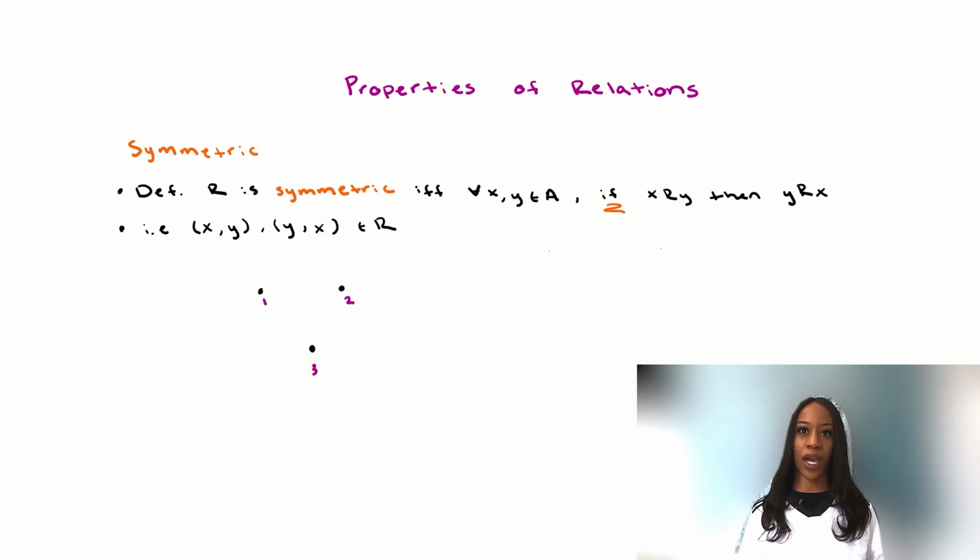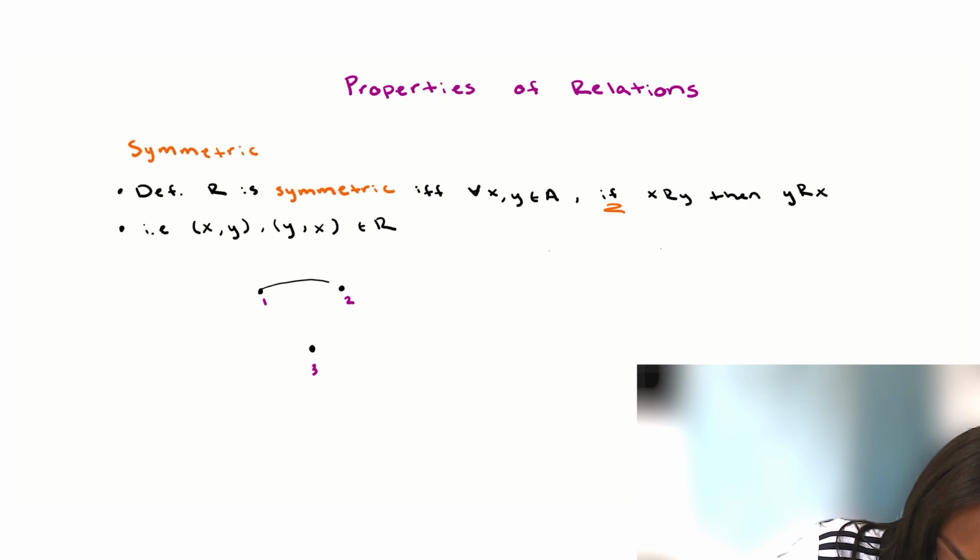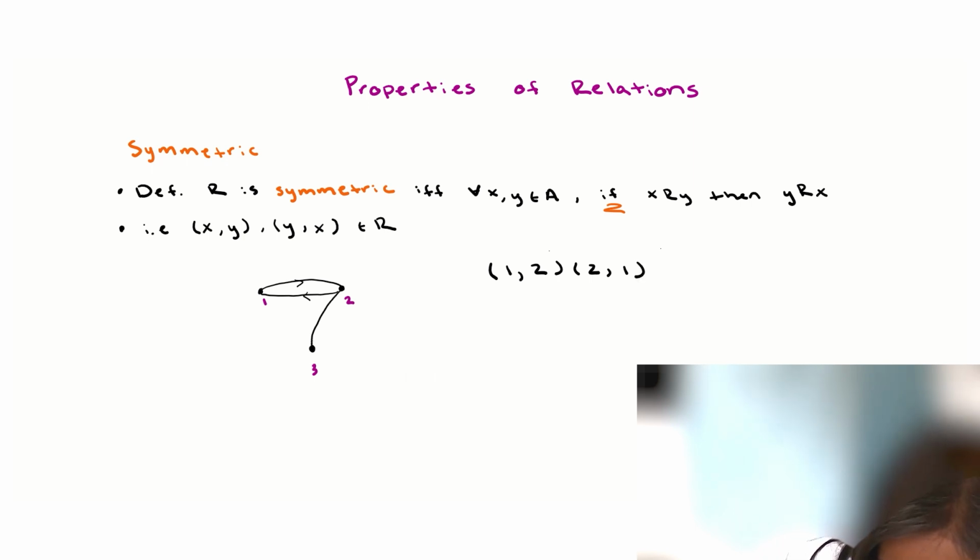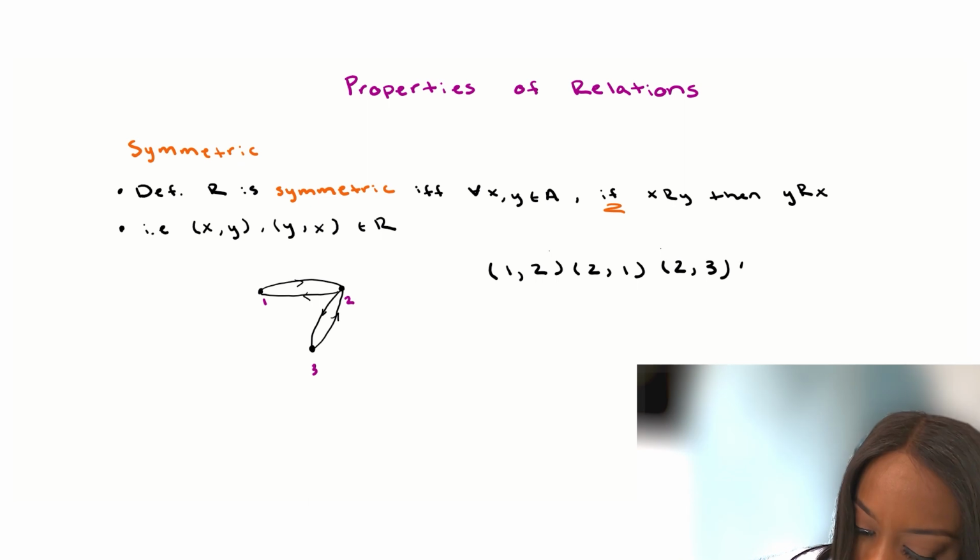Again, we've got this set with elements 1, 2, and 3, and this set is symmetric when 1 goes to 2, giving us ordered pair 1, 2, and 2 must also go back to 1, giving us the ordered pair 2, 1. 2 will go to 3, giving us 2, 3, and 3 will also go back to 2, which gives us 3, 2.